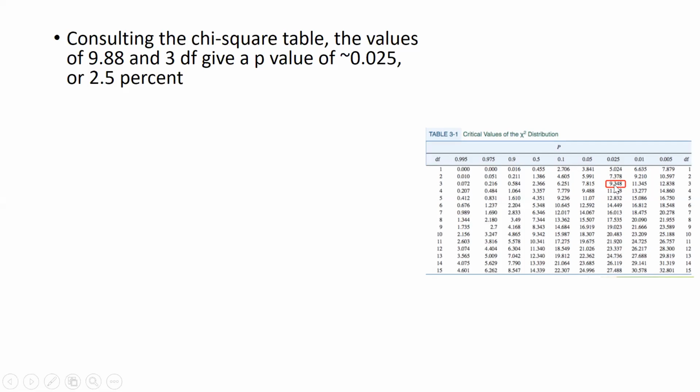So in this case, you would go with 9.348, which gives you an approximate p-value of 0.025, okay? Again, the standard cutoff, unless they state otherwise, is 5%.